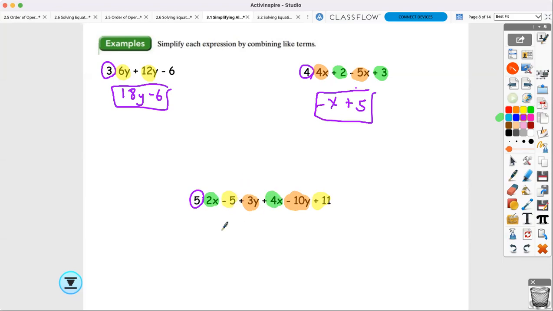So 2x plus 4x is just 6x. And then 3y minus 10y is negative 7y. Minus 5 plus 11 is plus 6. And we're done.